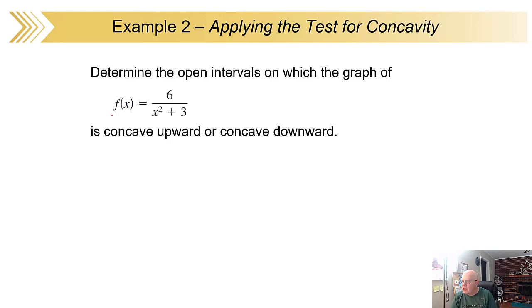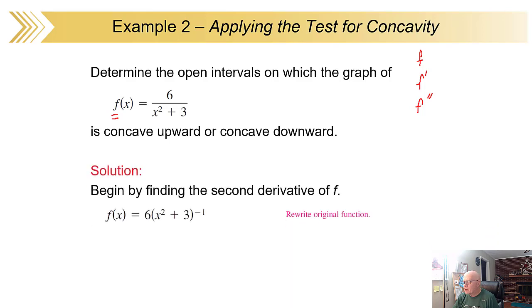I've got a function here. This is f. And of course, what you're going to need is not only f, you're going to need the first derivative, and you're going to need the second derivative. So, is it concave upward or is it concave downward, and on what intervals? So first, we'll find the second derivative.